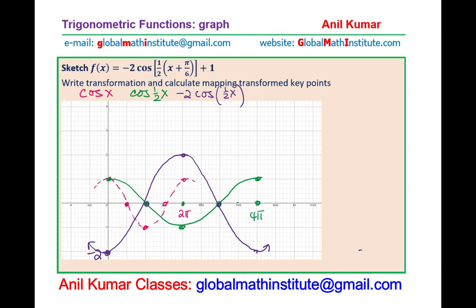Now, I know I took both translations, vertical and horizontal, together. In this case, I'll prefer to put them separate. So let me just first sketch the vertical translation of 1 unit up, which is, will now sketch minus 2 cos of half x plus 1. Get the idea. Plus 1 means the axis itself will move 1 unit up, right?